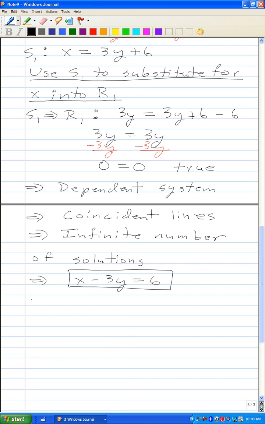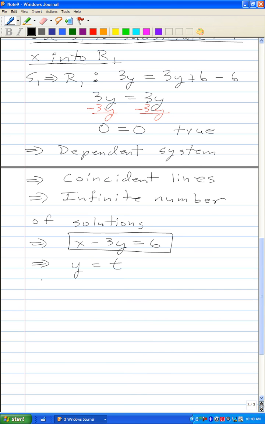Now, it's better if I actually write this as a one parameter family of solutions. So let me do that. So let y be some variable. I'll call it t. You can call it any letter. I'll just call it t.